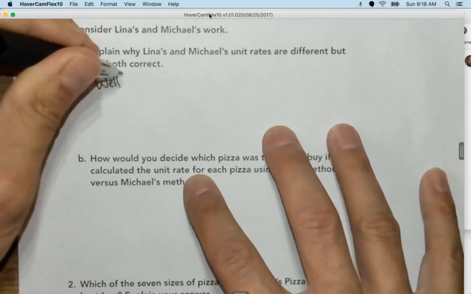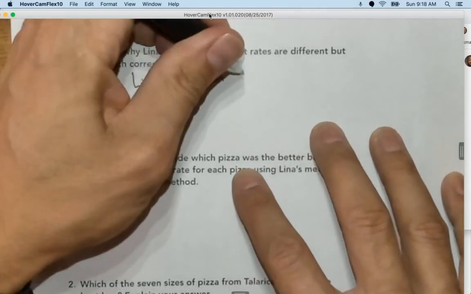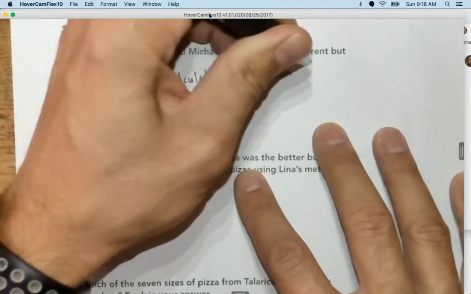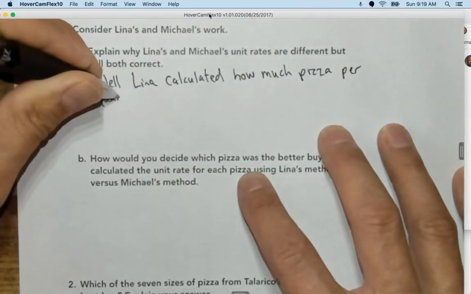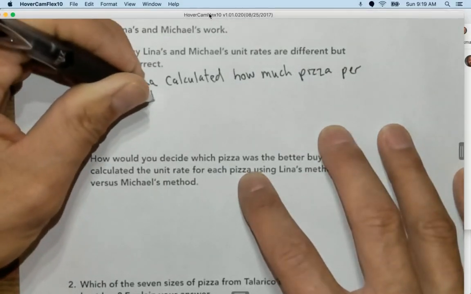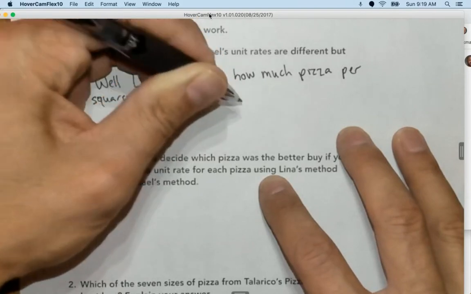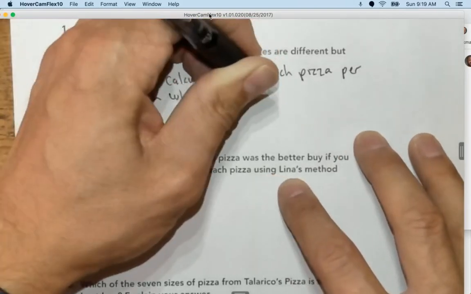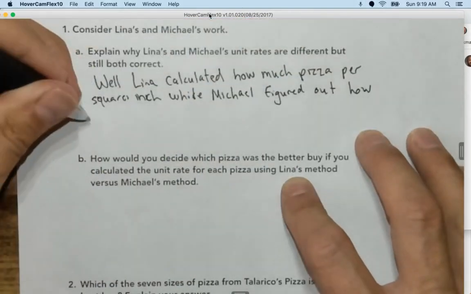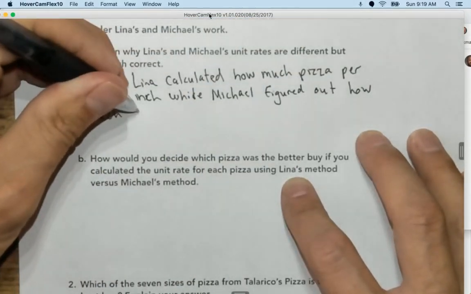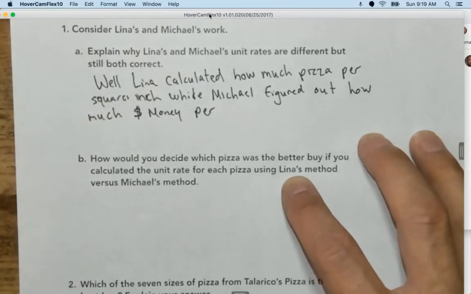Well, Lena calculated how much pizza per square inch, while Michael flipped it around, and Michael figured out how much money... I said that wrong.